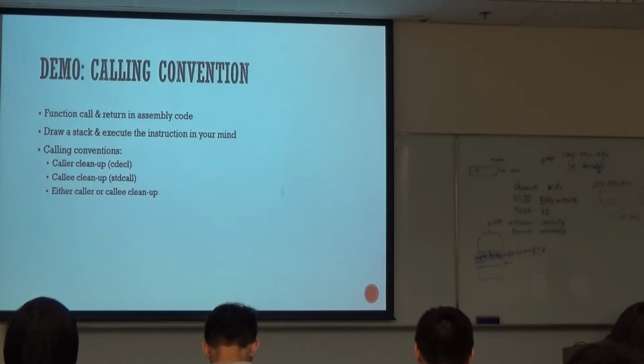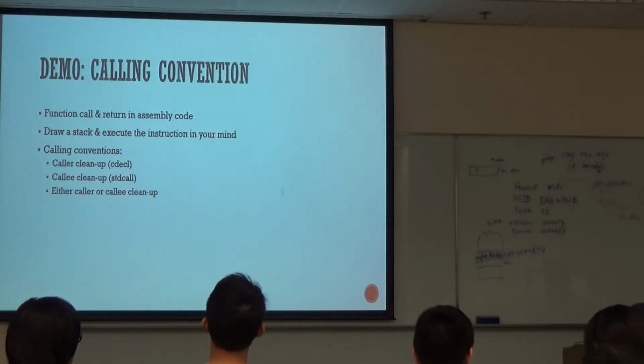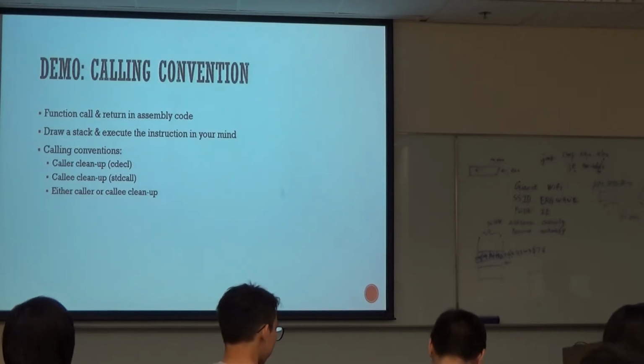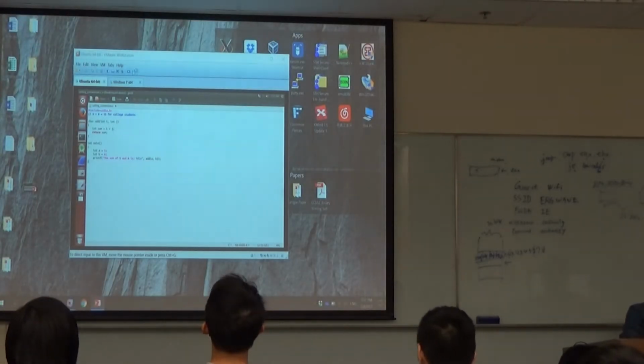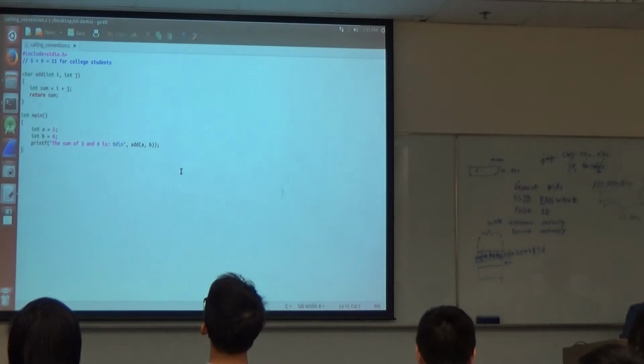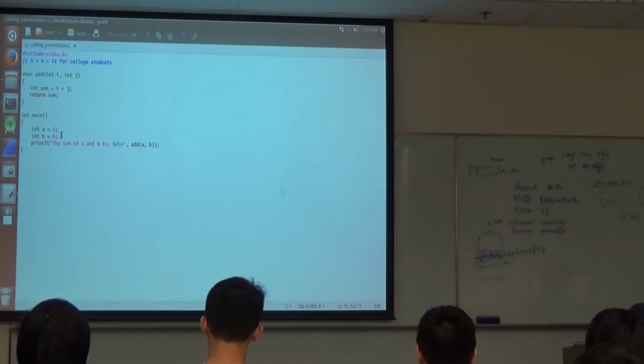Let's go. I write a piece of C code which is very easy. Here's the code. In the main function, there are two local variables, integer a and integer b.